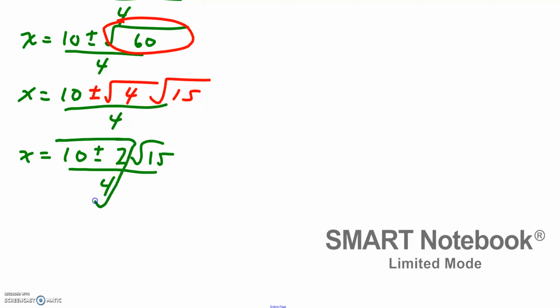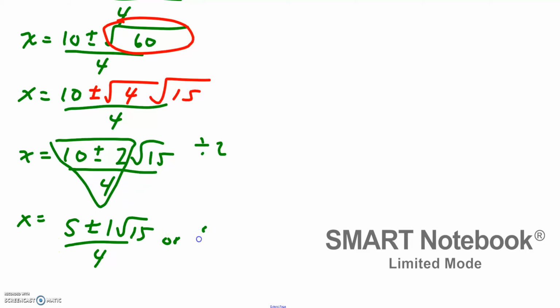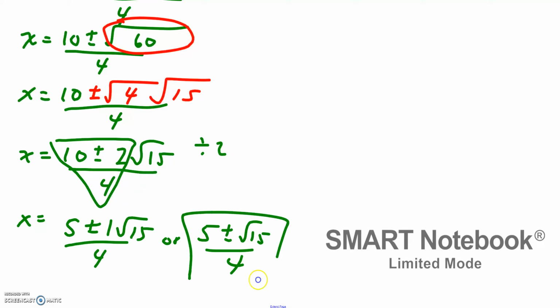Now that I have these like terms, I'm allowed to reduce that by taking a GCF of 2 out of all of them. So my final answer in exact form would be 5 plus or minus 1 root 15 all over 4, or just 5 plus or minus root 15 over 4.